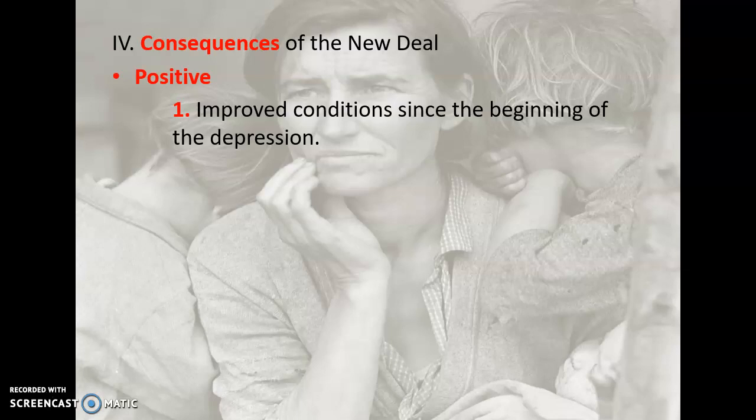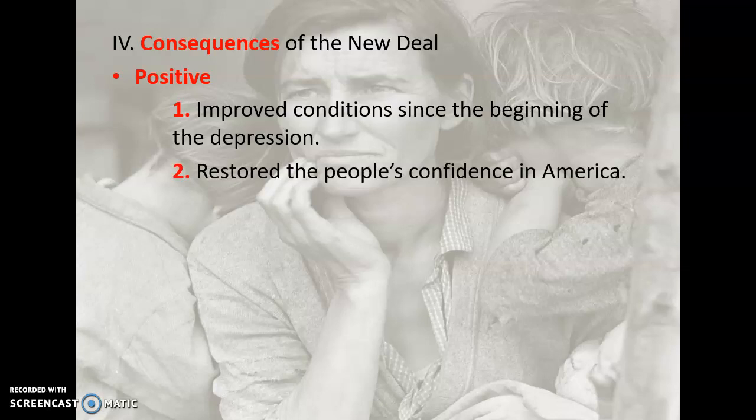Electricity had been extended to many rural areas. Public works and conservation had all increased. Number 2, it restored the people's confidence in America. Roosevelt, despite his actions and failures, had offered hope to the people who had no hope. People trusted him to do something about the problem.